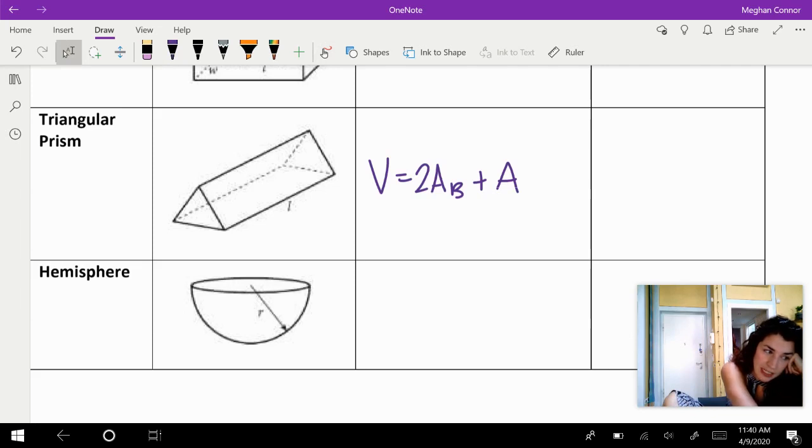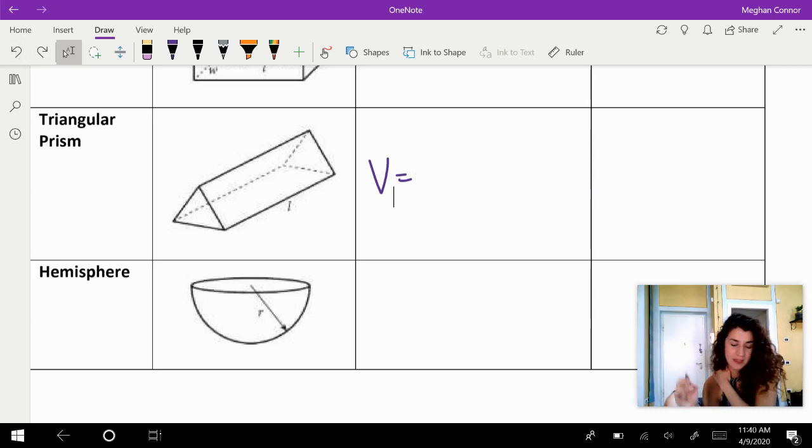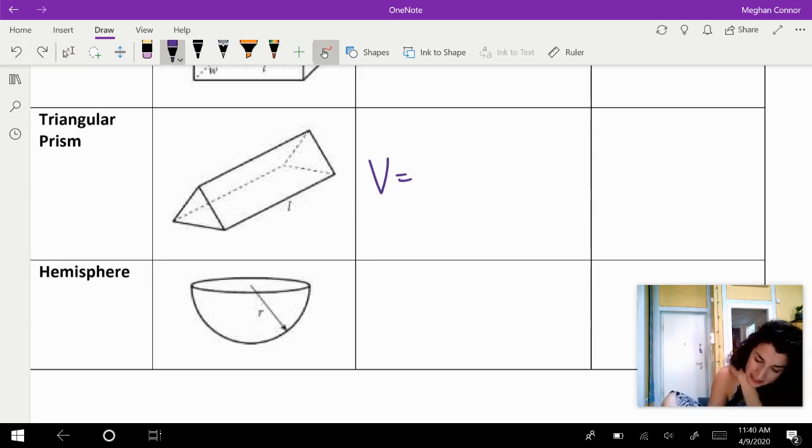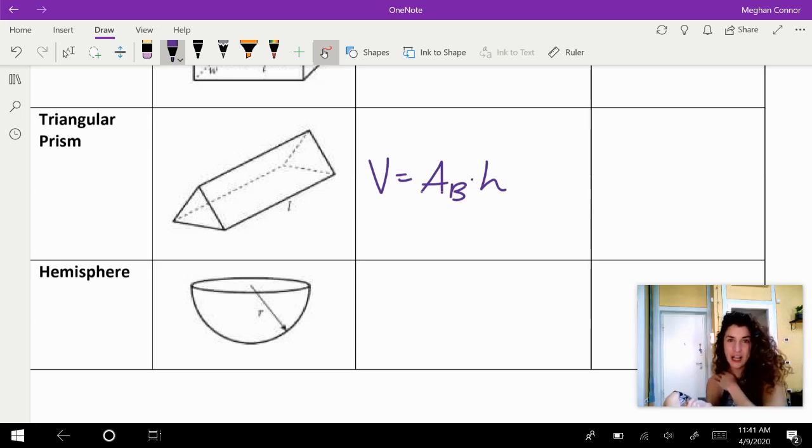None of this is in your formula packet. Oh, sorry. I was thinking surface area. So sorry. Volume, like with your other prisms, is area of the base times the height. Here, the height is L.